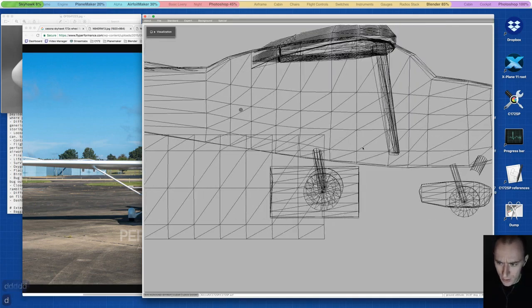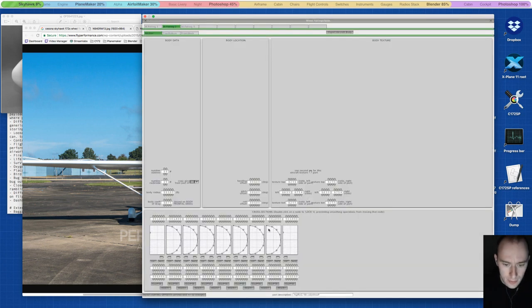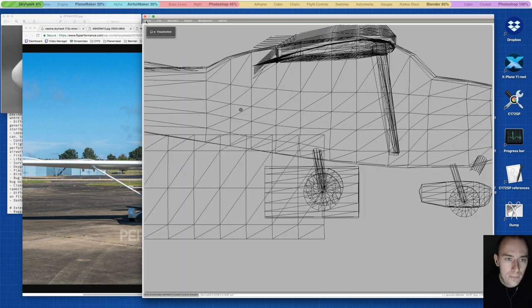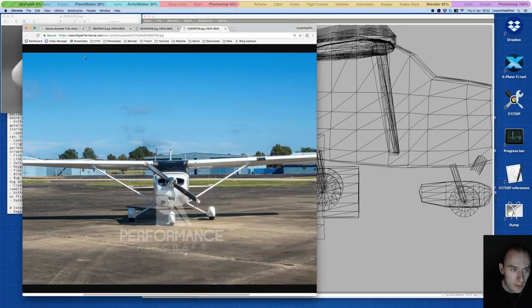Let's go. I think this is kind of okay. It should be a little bit longer. Fairings. This doesn't seem right. 2, 2. Yeah, I guess that's better.